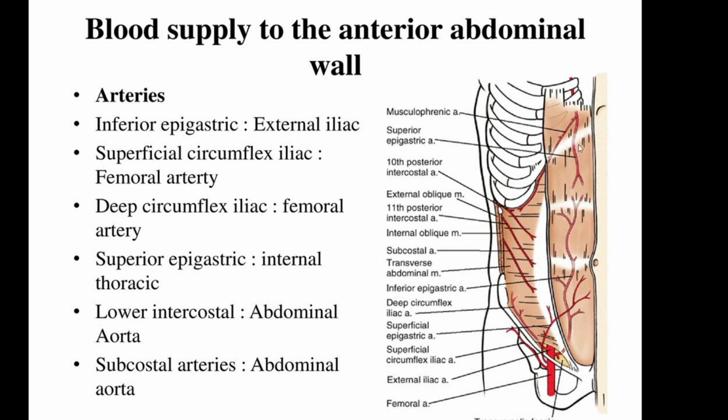The superior epigastric artery is the continuation of the arteria thoracica interna, and the deep circumflex iliac artery. And of course, the superior part of the abdominal wall is supplied by the branches of the lower intercostal arteries.